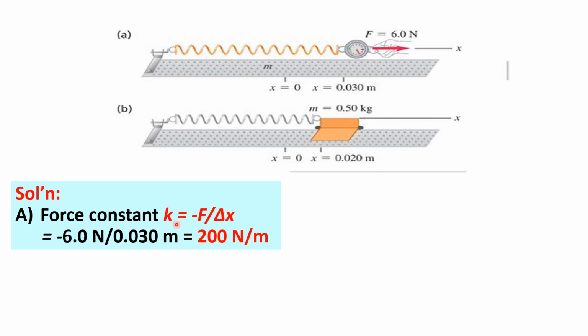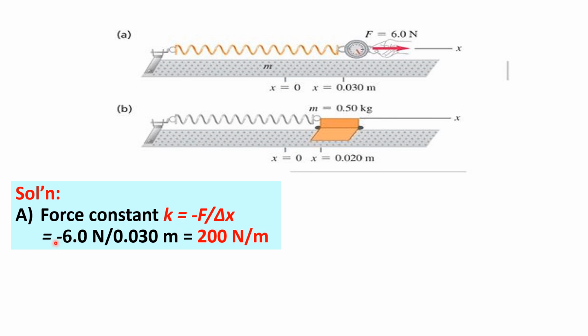The force F, or the restoring force F, is equal to the negative of the force constant K multiplied by the change in displacement, or delta X. But since it's force constant K that we are after, we just isolate the formula, and this becomes K is equal to negative F over delta X.